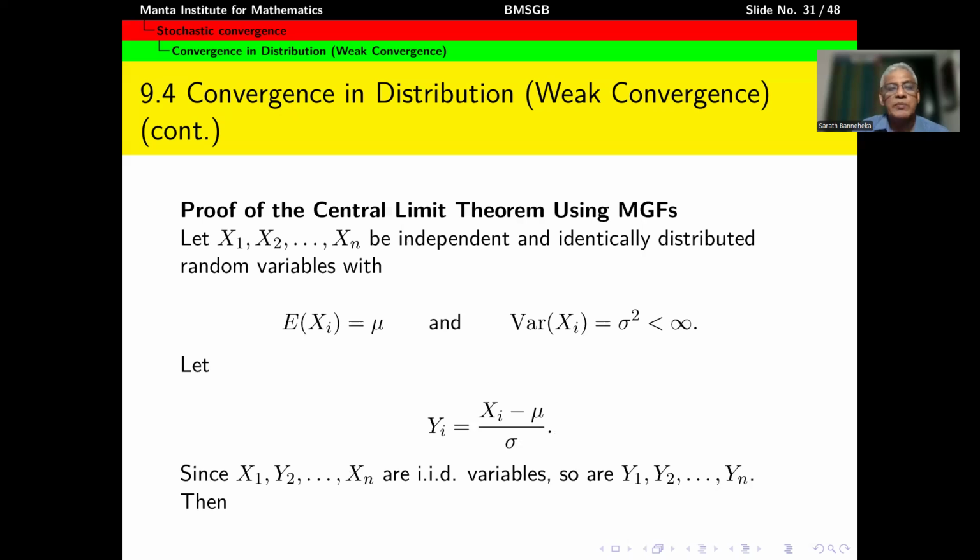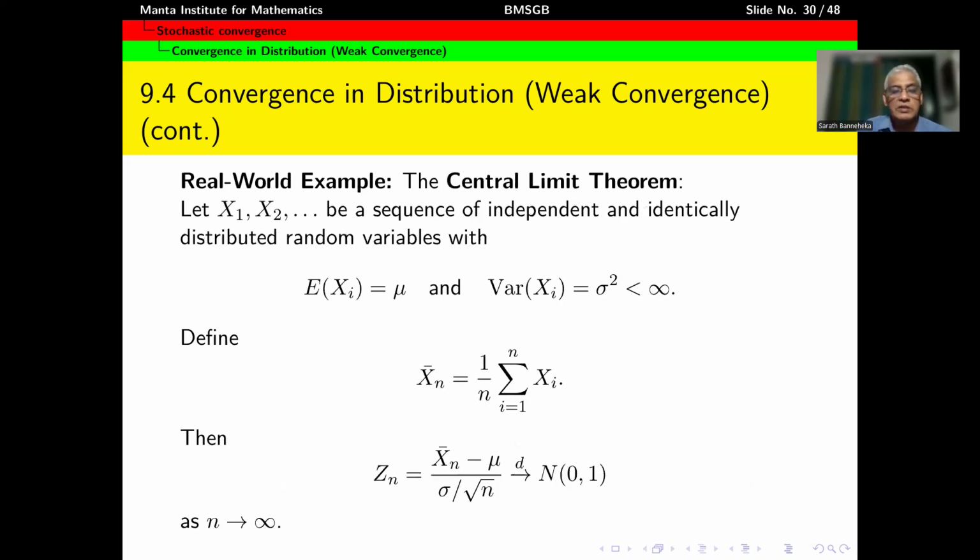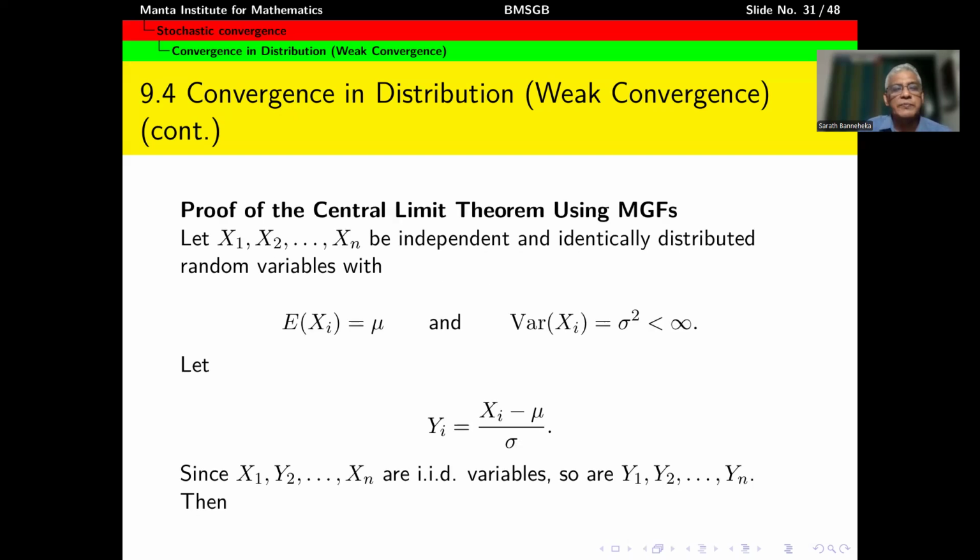So what I'm going to do is derive the moment generating function of this Zn and let n go to infinity and see what happens to that moment generating function when n approaches infinity, and thereby we will be able to identify the distribution of Zn as n goes to infinity.